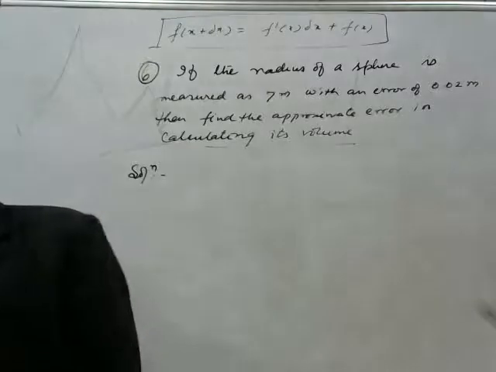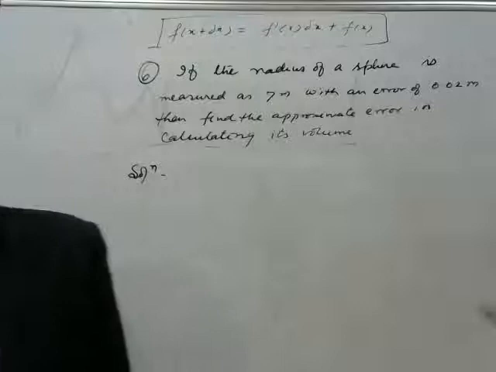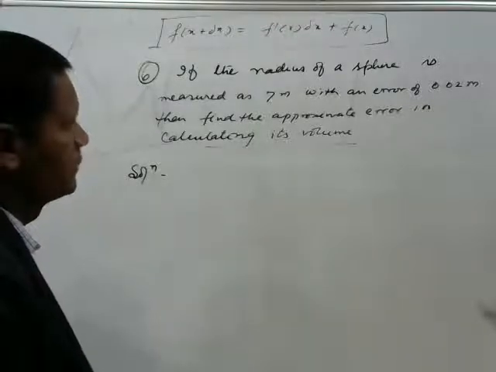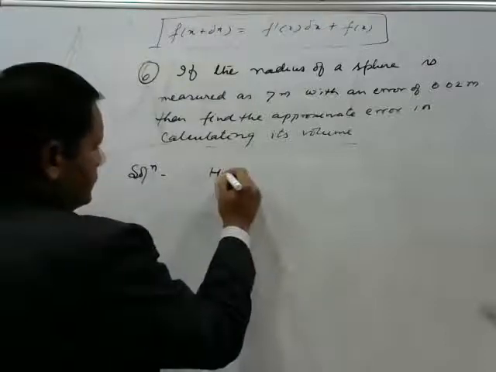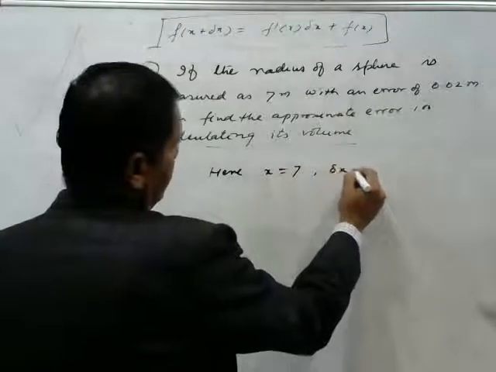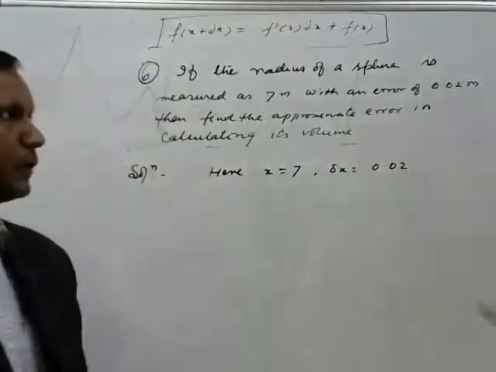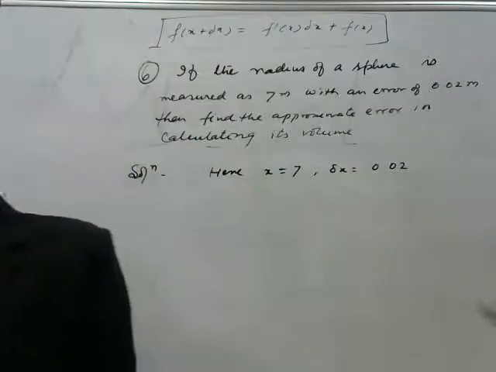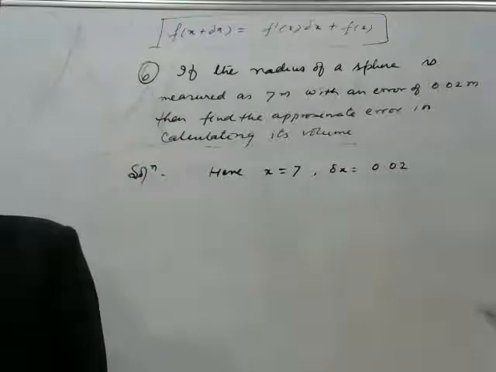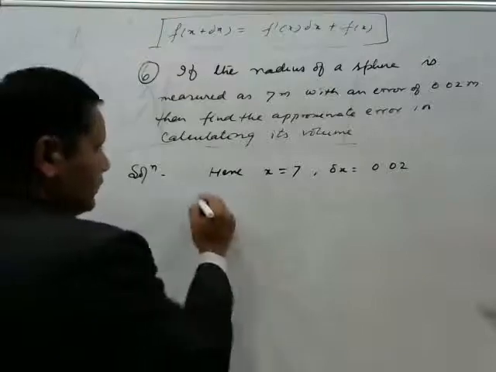Here, you know that the volume V of a sphere is given by 4 by 3 pi r cube. Here x is equal to 7 and delta x is equal to 0.02, because that 0.02 is the error.